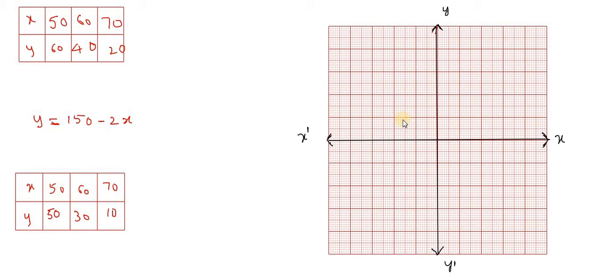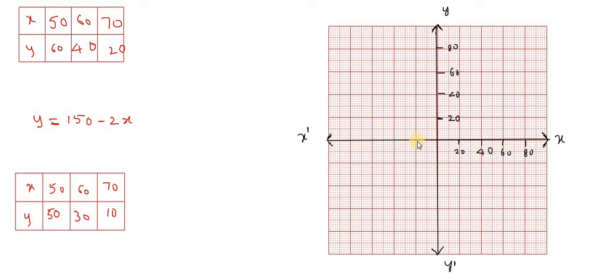So now what I will do, I'll take each division as 20, 20. So here it is 20, and if you take the difference 40, then 60, then 80, like this. And here also 20, 20, then 40, 60 and 80.